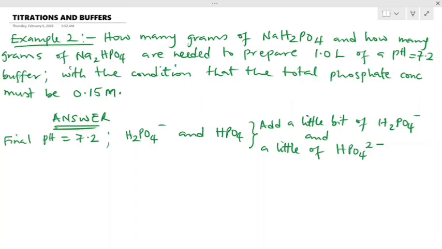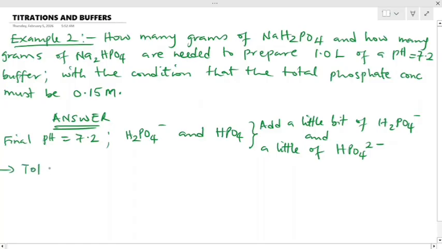So now I need to know how many grams you are going to add to 1 liter to get that pH of 7.2. But I have one condition: the total phosphate concentration should be equal to 0.15 molar.